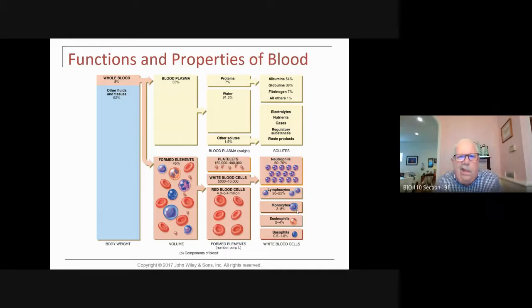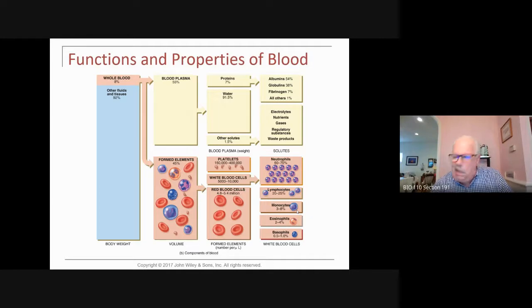This is a very important slide. So important that I probably will take 10 questions from it and ask it on exam number 1. I don't care if you know that whole blood is 8% of your total body weight. That's irrelevant. But what I do want you to know is that blood plasma is 55% of your blood.